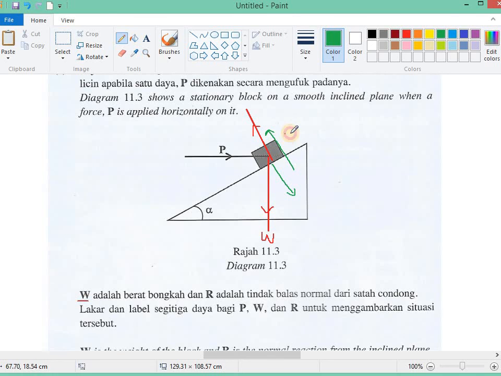This is what we call the reaction force, and it is normal, so it must be 90 degrees to the surface. That is why the normal reaction force R is in this direction. Get the idea?